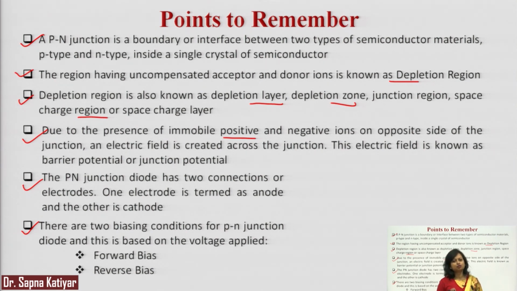Biasing is the addition of an external battery. So, if the P terminal is connected with the positive and N is connected with the negative, it means forward biasing. If P is connected with the negative and N is connected with the positive, it means reverse bias. So, this is how two types of biasing are possible.